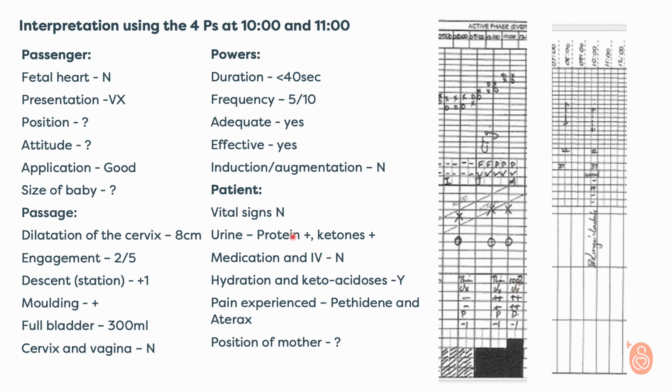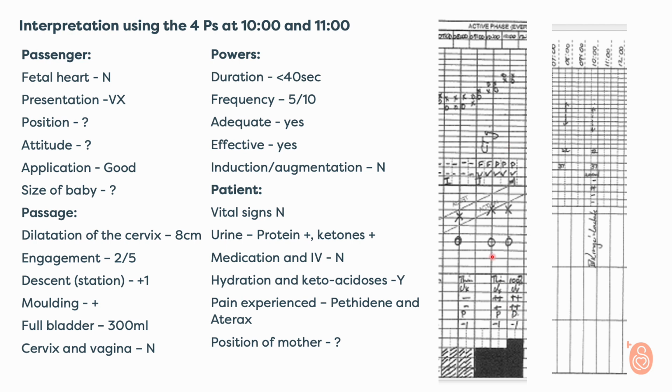Okay, and then when we look at the patient, we also see that there are ketones busy developing here as well. So the patient is getting ketoacidotic, and this is, together with all the other things, a certain sign not to give only pethidine and Atarax, because at this stage you might really need some pain medication.